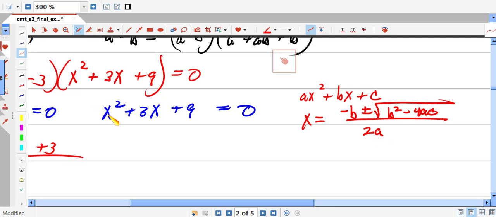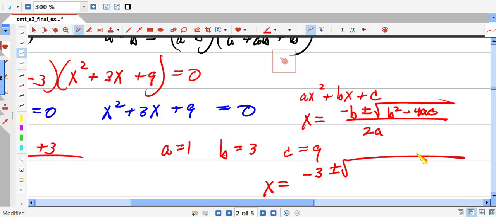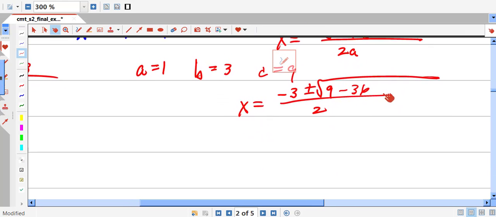Okay, so in this case, my a is 1, my b is 3, and c is 9. So I'm going to get x equals negative 3 plus or minus the square root of b squared would be 9 minus 4ac is going to give me 36, and that's all over 2 because 2 times a is 2.